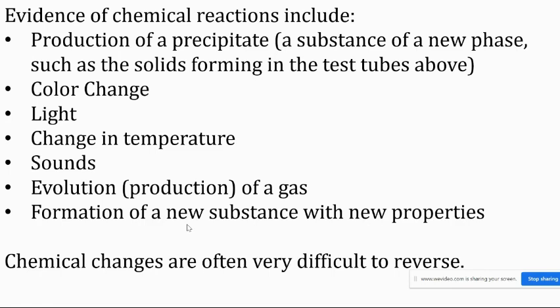You are always forming a new substance, and that new substance is going to have new properties. My quintessential example of this is taking hydrogen gas, oxygen gas, and making water.